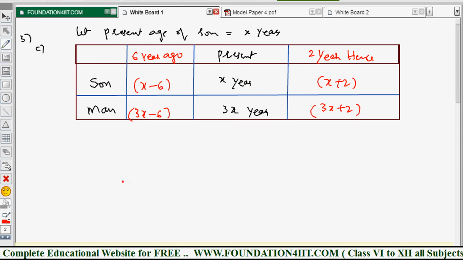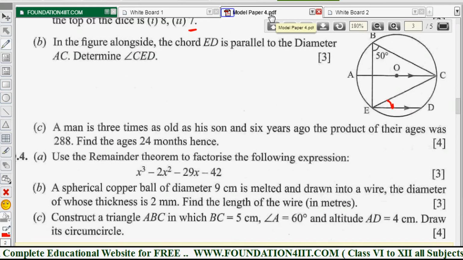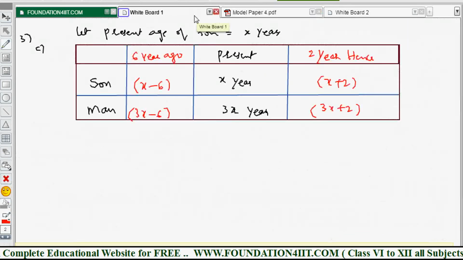Now according to the condition, 6 years ago the product of their ages was 288. So from the given condition, x minus 6, that is 6 years ago, and one more is 3x minus 6. The product of their ages, so this is one number and this is one number.